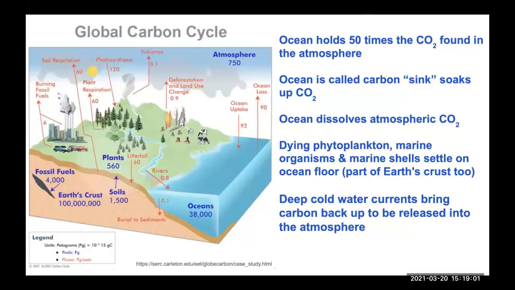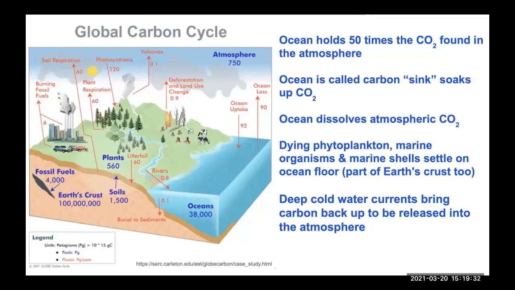What happens in the water is that when organisms like phytoplankton, marine organisms or marine shells die, they settle on the ocean floor and become part of the Earth's crust. Those organisms dying will be of benefit, provided that we still have marine life that can continue the cycle of putting out oxygen and using the carbon dioxide.